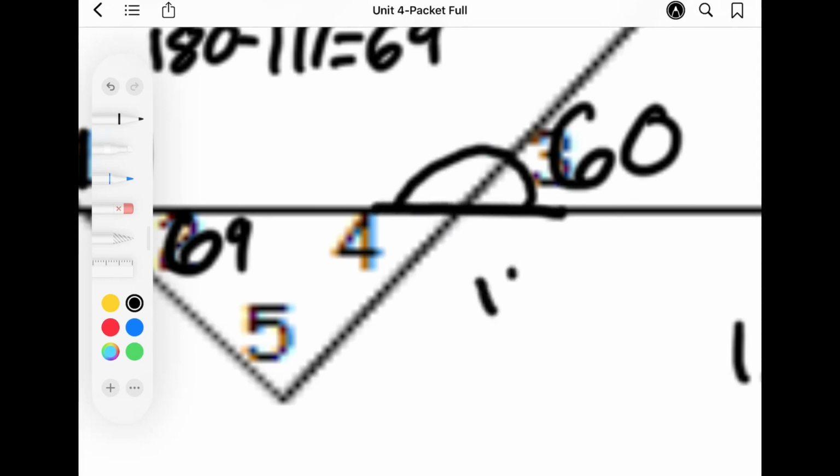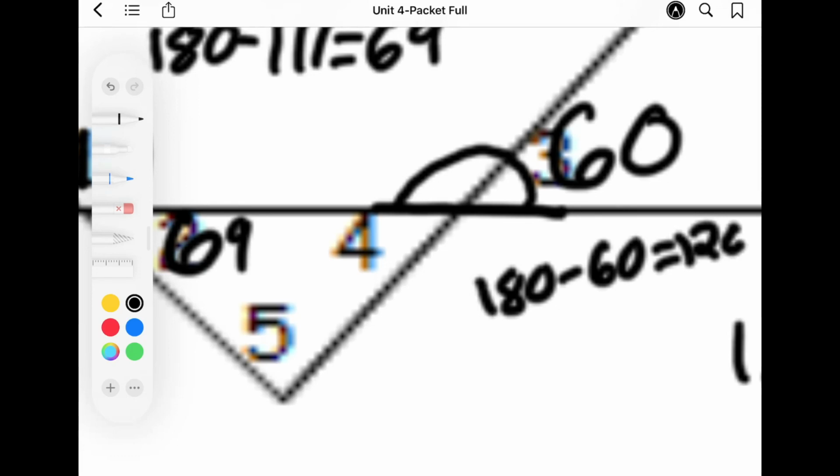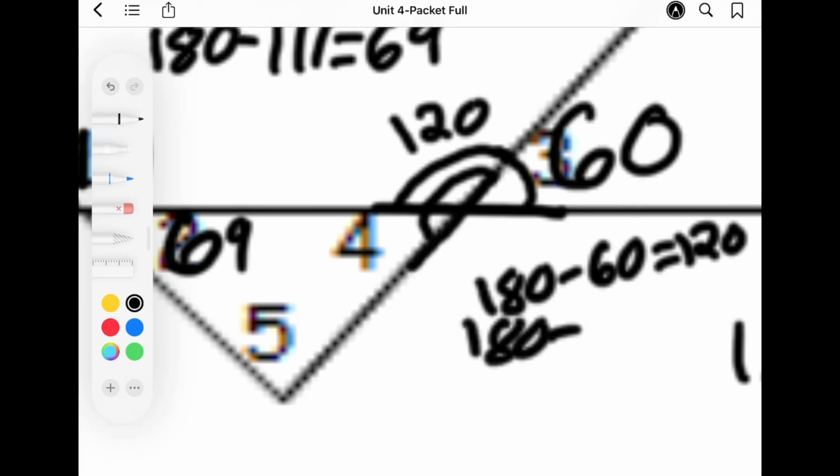So you're going to have 180 subtract 60, which is 120, which goes here. And then this 120 degrees plus angle 4 is also a straight line. So you're going to have to do 180 minus 120 to give you 60.